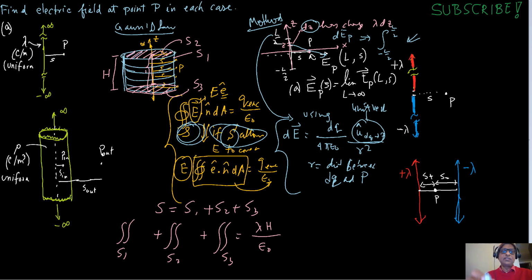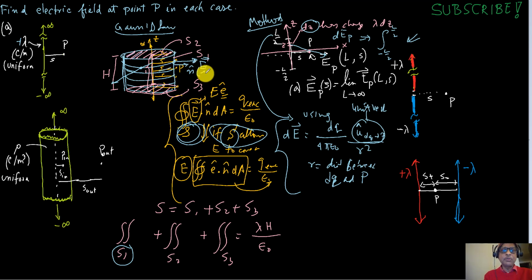So notice that on this surface, at any point, if this charge is positive, the electric field is out. Anywhere, the electric field is outward at that point, and the normal is also outward.